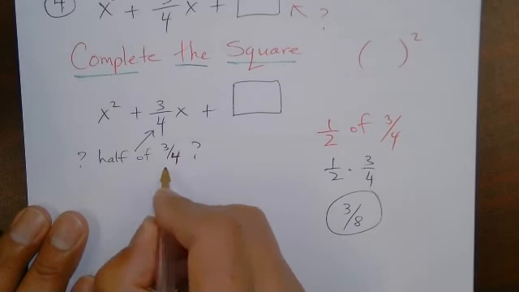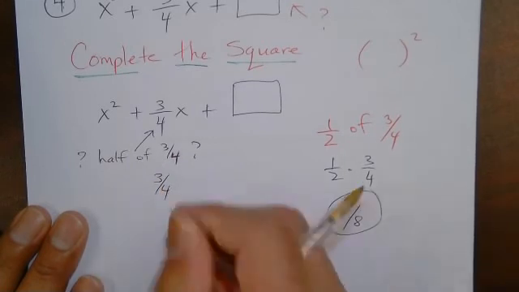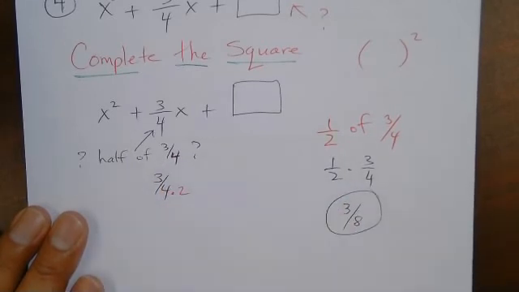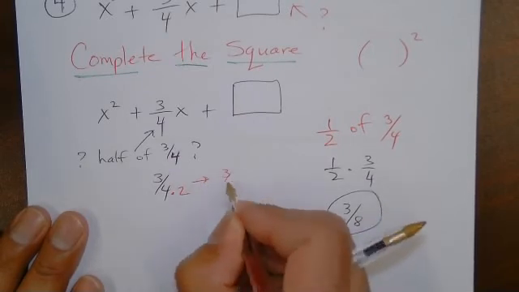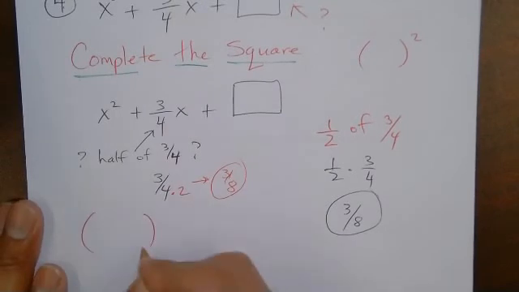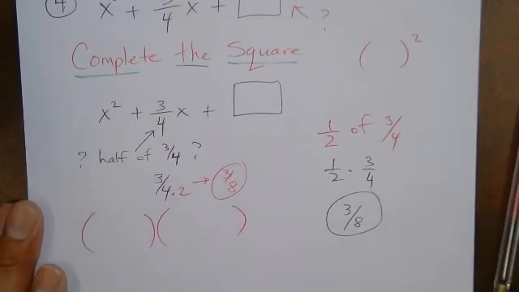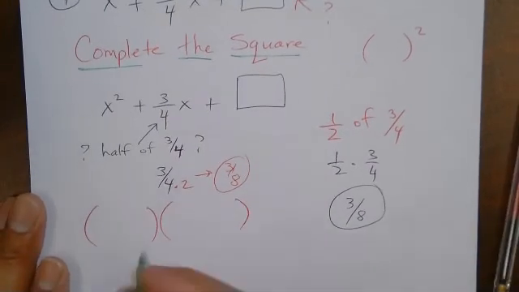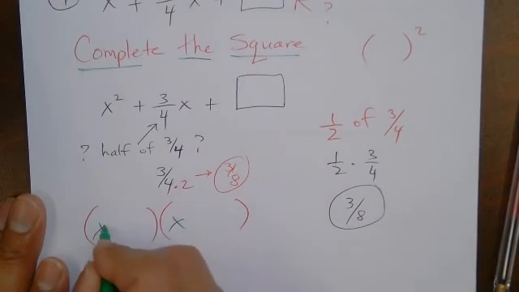So 3 over 4, and if you take half, the 2 goes in the bottom. You're going to get 3 over 8. So half of 3 over 4 is 3 over 8. That's what goes in the parentheses, right? x.